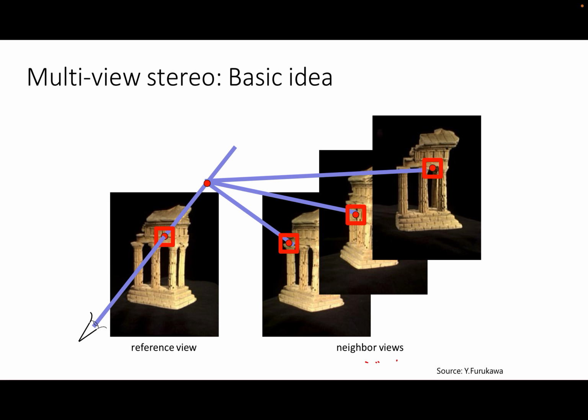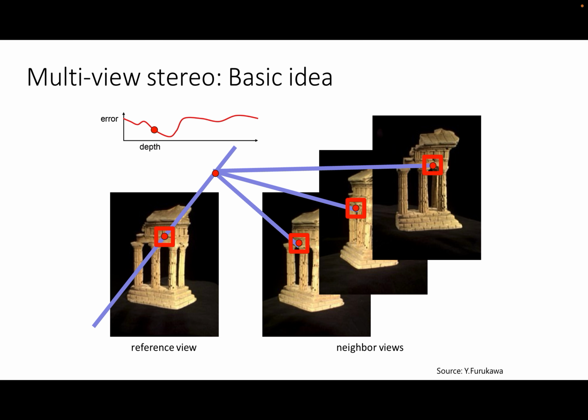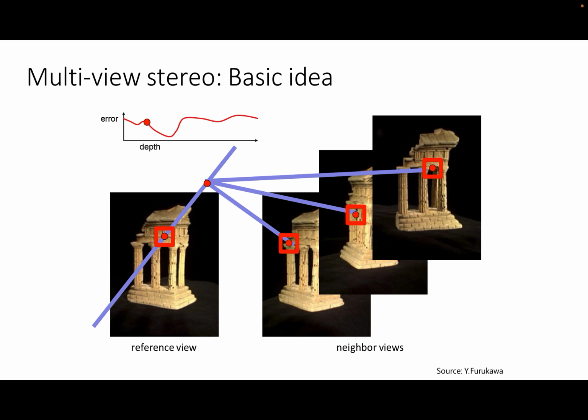Based on camera rotation and translation, camera position. And then we can draw a graph, depth and error. Here depth is the depth in this camera coordinate system. So this is the z-axis.